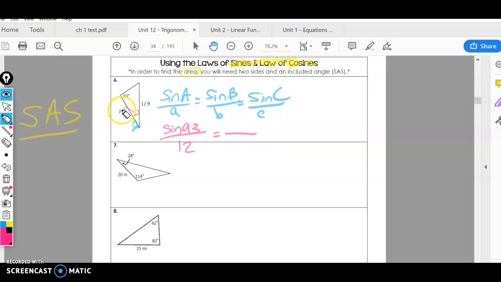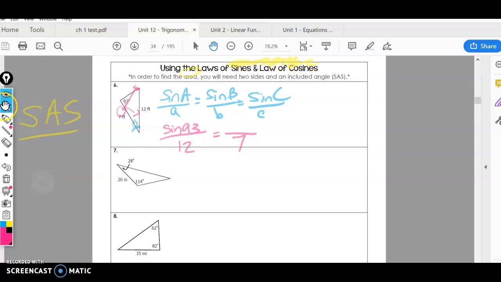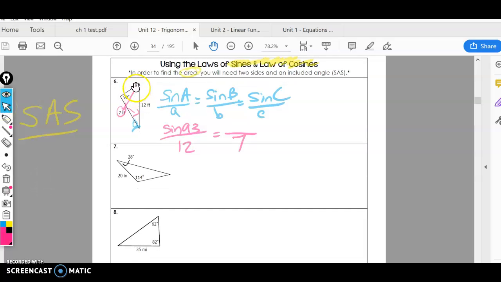And we know we have to use this side as the 7, but the corresponding angle with the 7 is over here. So we have to hold off on finding this blue theta until after we find our missing angle on the top right here.